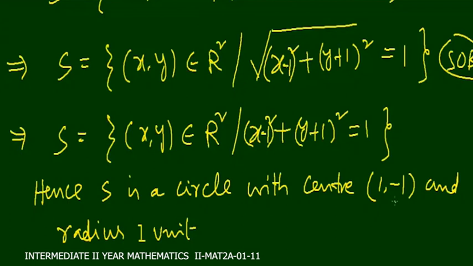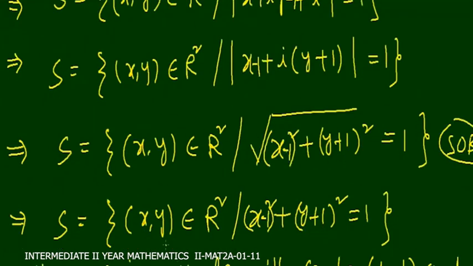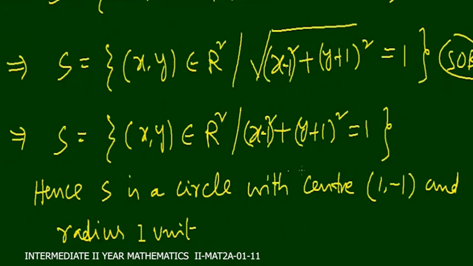So this is x minus h whole square plus y minus k whole square is equal to r square, the equation of a circle. So this is an equation of a circle. Now very simple, taking z as x plus iy and taking the modulus, we get an equation of a circle.